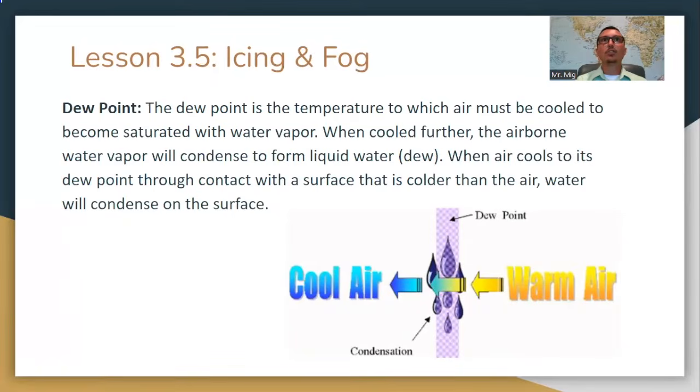So let's say the dew point's 75 degrees, and then the air around cools to 75 degrees. Then the dew point is equal with the air. At this point, something has to happen with that water vapor, right? The dew point cannot be higher than the outside temperature. So that's where you're going to get moisture, and that's where you're going to get fog.